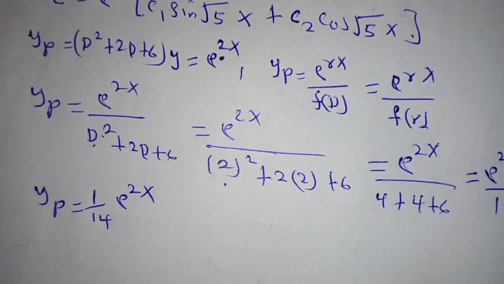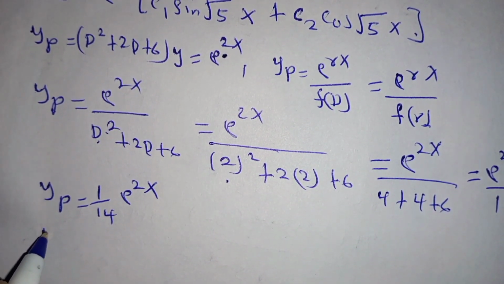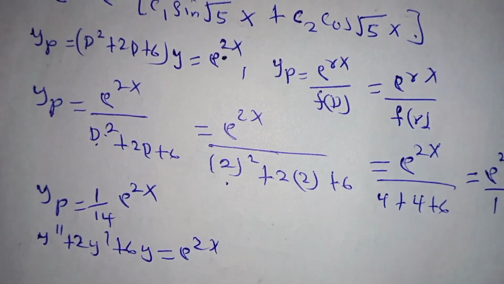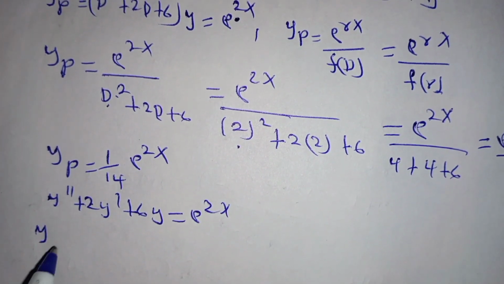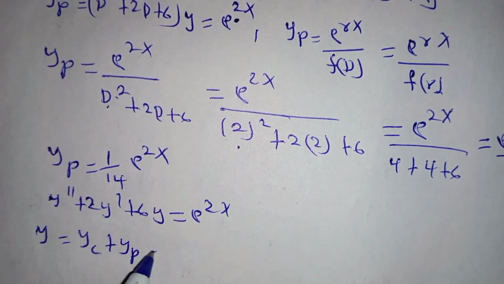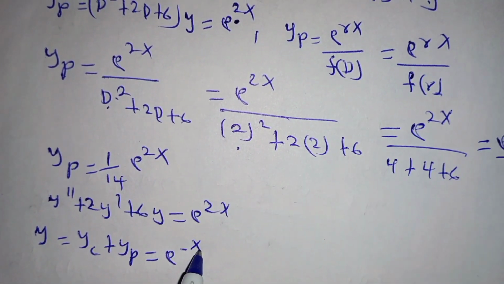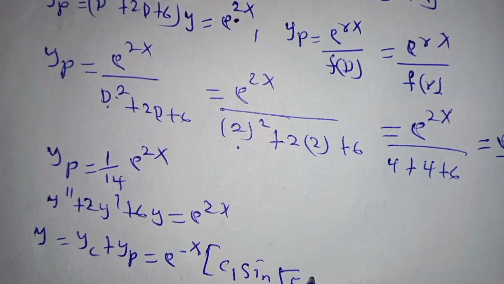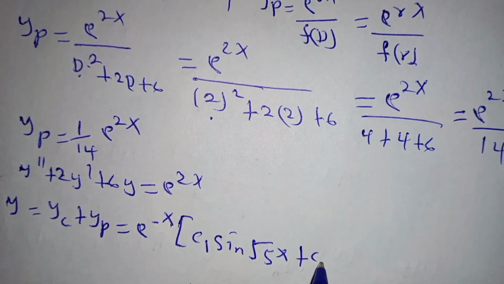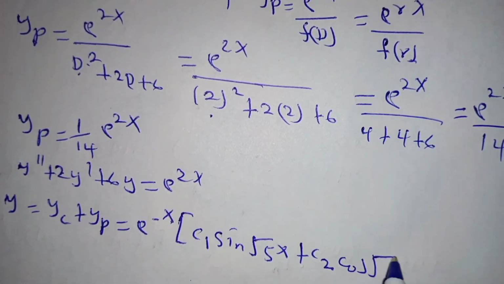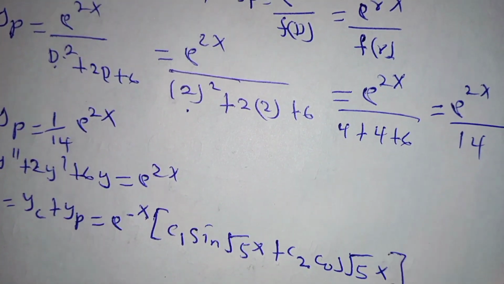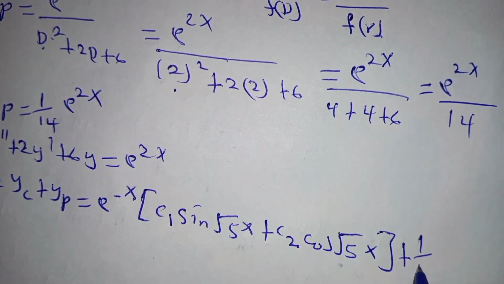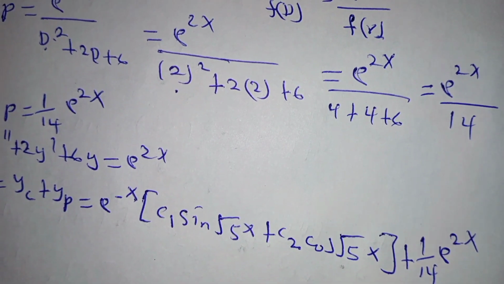So the general solution of our given ODE, which was y double prime plus 2y single prime plus 6y is equal to exponential 2x, will be given by y equal to yc plus yp, which is equal to exponential negative x into bracket c1 sine of root of 5x plus c2 cos of root of 5x, you close the bracket, plus 1/14 exponential 2x.